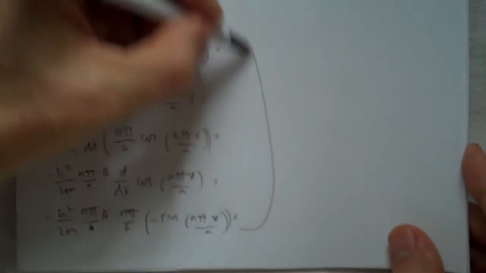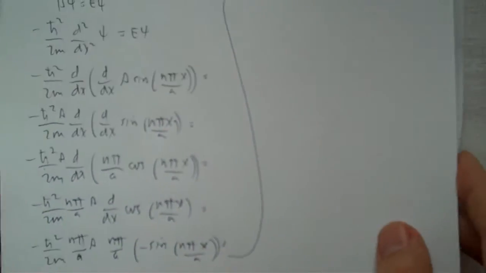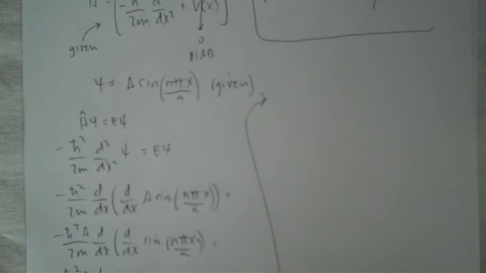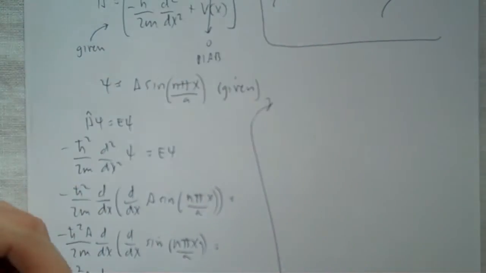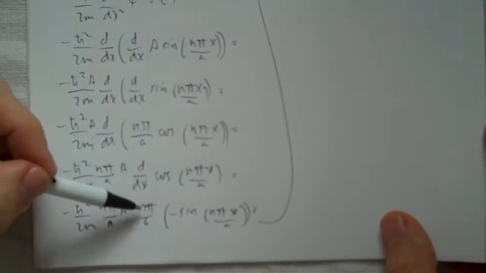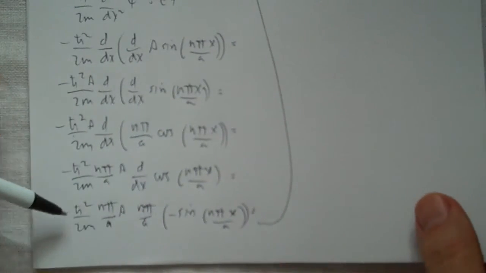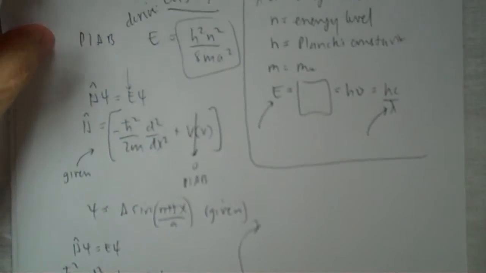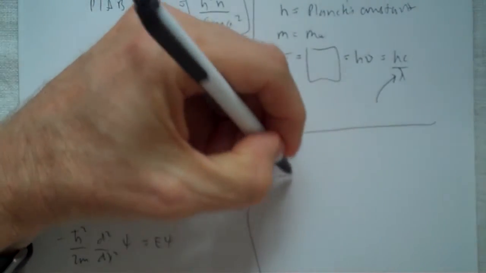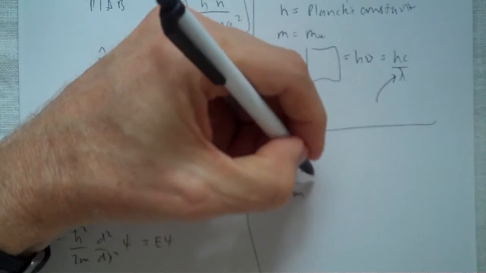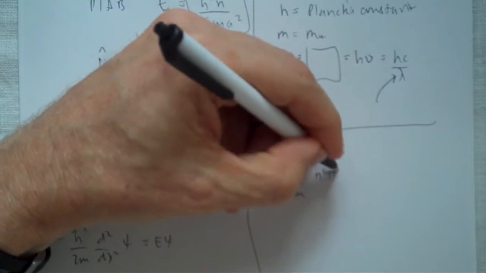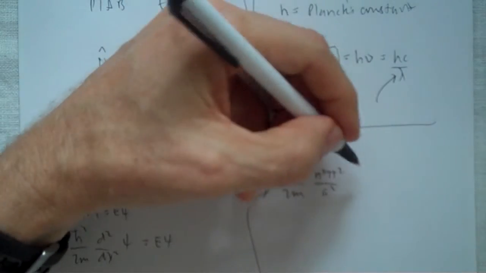Now let's go up there, I'm running out of paper here. I'm going to write this next thing out, and then I'm going to take these two n pi over a factors and combine them. This is h bar 2m n squared pi squared over a squared.